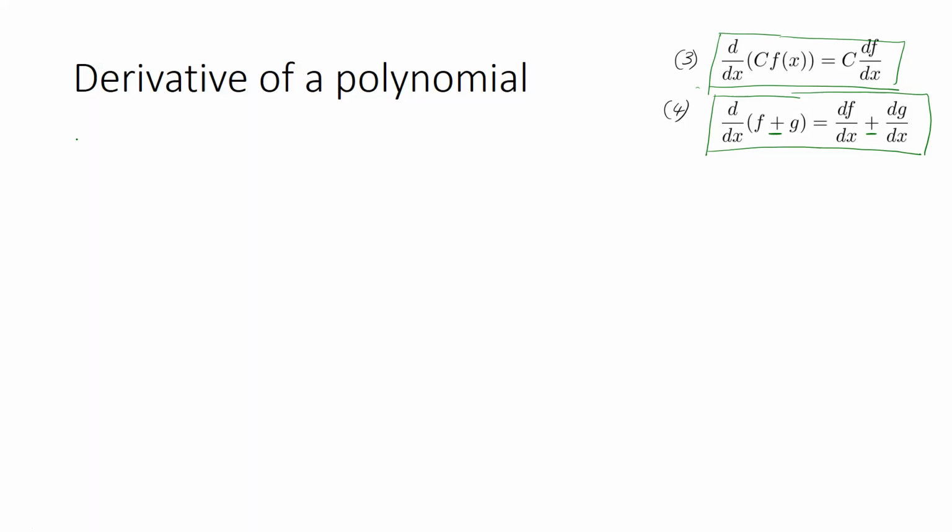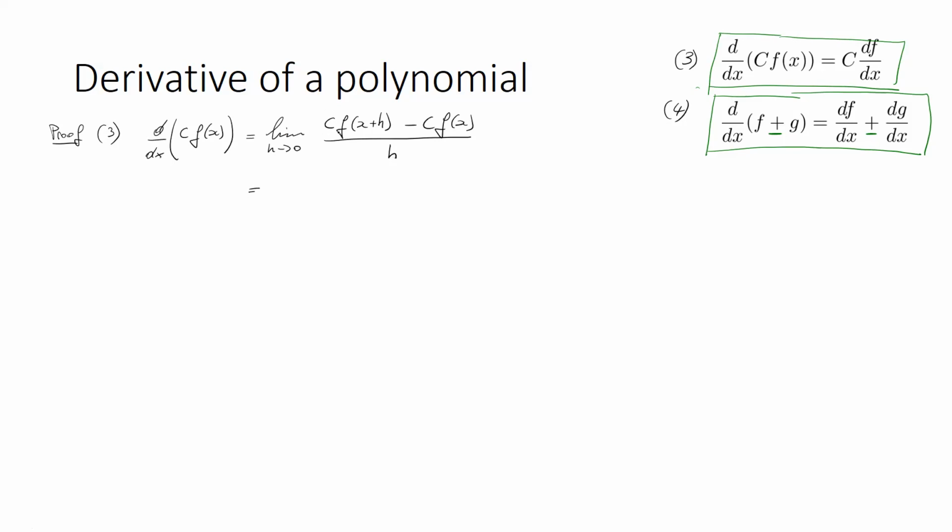We can maybe prove one rule, and I will let you do the other one yourself if you're not convinced. So let's compute d/dx of c times f of x by the limit definition, h going to 0. So that's c times f of x plus h minus c times f of x, divided by h.